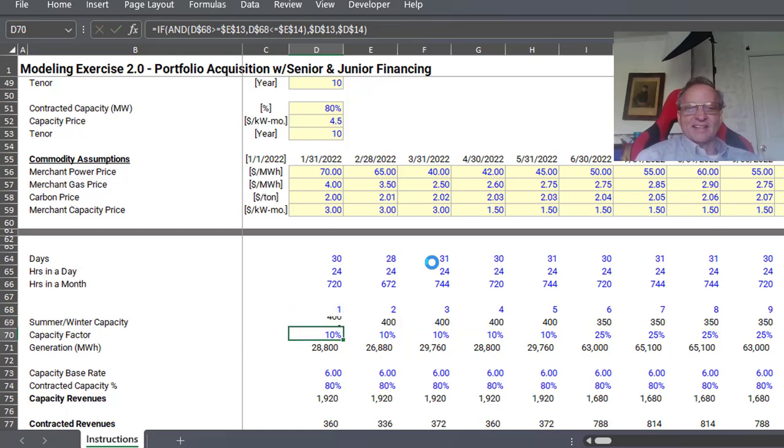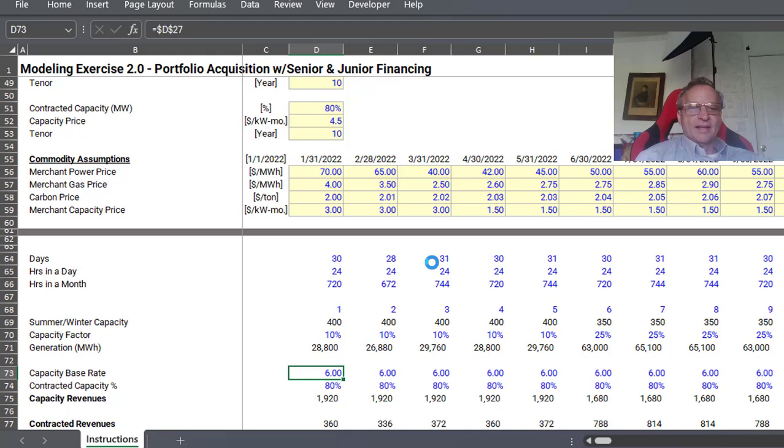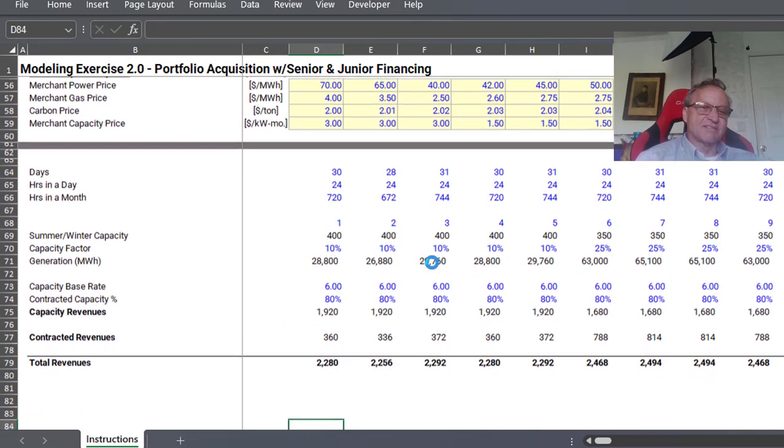Then he has some capacity factor, and he didn't say whether this was, I guess, the overall capacity factor, which we should write down, and then he computed the generation. That's okay. And then he said the capacity base rate, but we would have to put the contracted revenues.